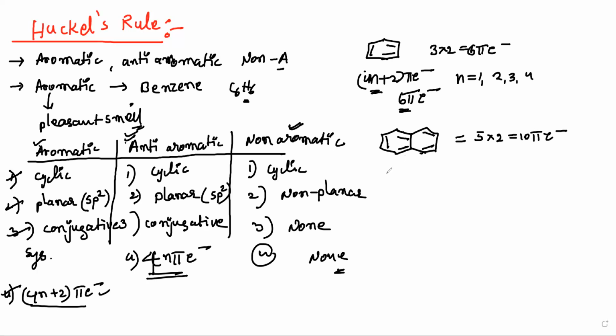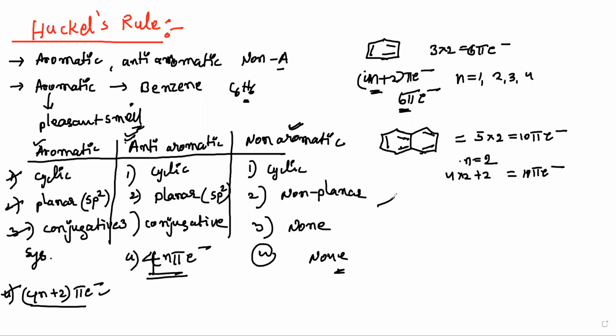It is a planar molecule. It is a conjugative system with alternating pi bonds. According to the rule, if we substitute n is equal to 2, then 4 twos are 8 plus 2, again we get 10 pi electrons here.